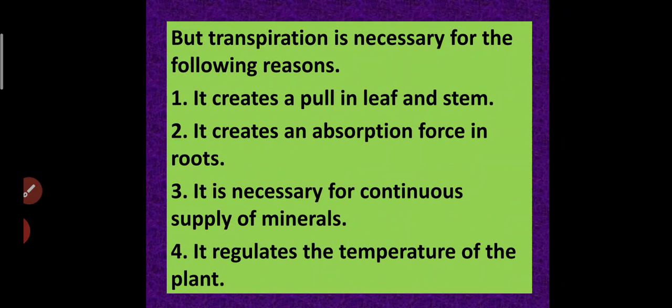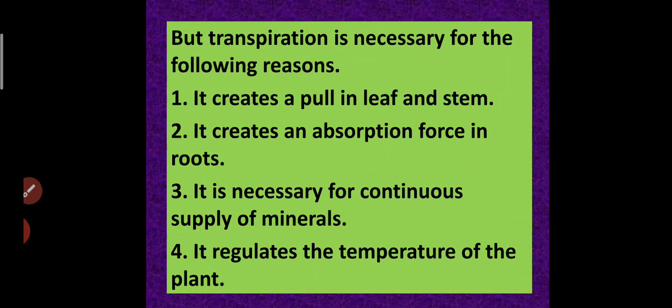Now there are some important things which we require for transpiration. So the transpiration is done on the basis of the following reasons. First reason, it creates a pull in a leaf and stem. Pull means since it is closing and opening, it is creating some action there, and it creates an absorption force in roots.